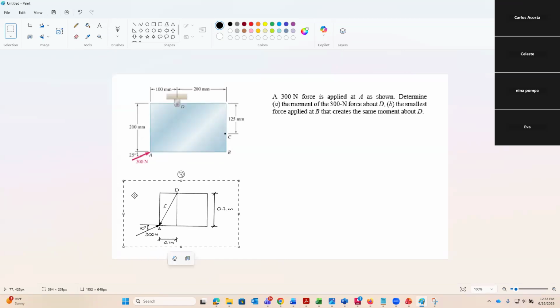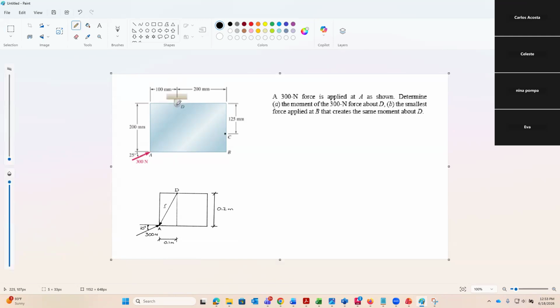So the force is 300 newtons, and it's 20 degrees with respect to the parallel axis to x. You put your coordinates right here at the point D. If they're asking you for a moment, you always put the coordinate at that point. That is the first thing you have to know. Moment will always have the coordinates at that point.